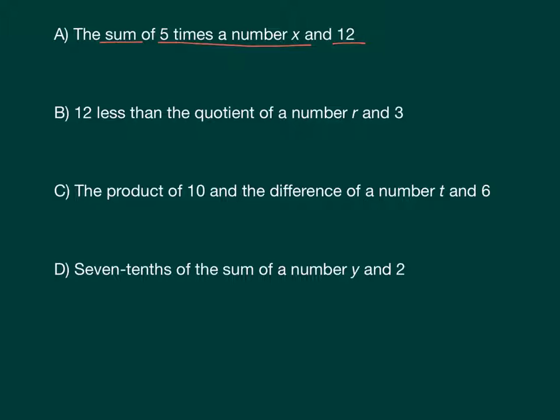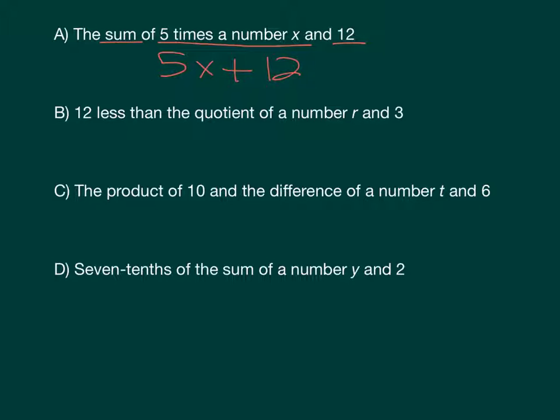So we can write 5 times a number x as 5x, and it's the sum of this and 12. So we're going to add 12 to that. And that's it for that one. Just the sum of 5 times x plus 12. That's it.